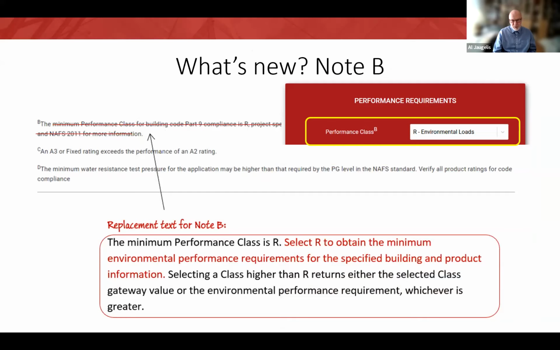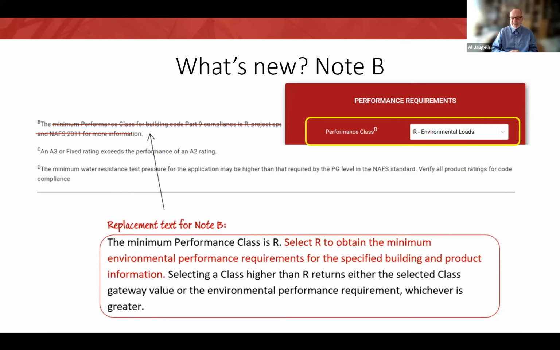So we've revised note B describing performance class, that even though it's the minimum class in the classification system of NAFS, use the R class to obtain the minimum environmental performance requirements for the specified building and product information. Selecting a class higher than R will get you either a higher value that's required by the class gateway value or the environmental value, whichever is greater.